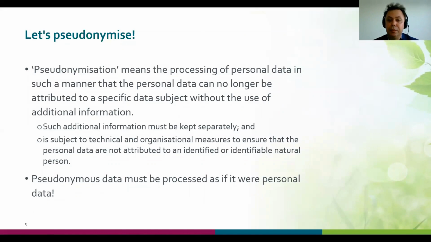So if the data is consented for secondary use, it doesn't come with the mapping. In the case of a biobank, the biobank might hold the mapping between the pseudonymized data and the personal data, but the researcher would get access to the pseudonymized data. The consequence of this is that the pseudonymized data must be processed as if it were personal data, though.